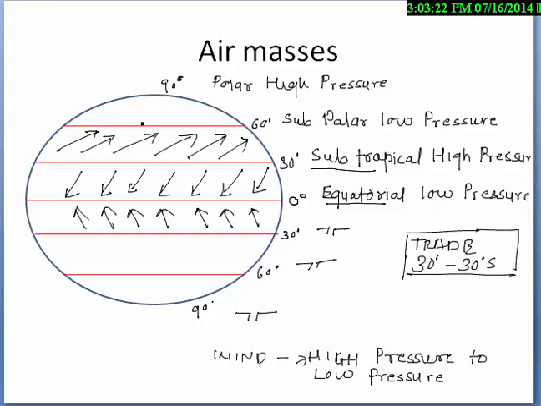So from 90 degree to 60 degree, they travel like this. The winds which travel between 60 and 30 degree are known as westerlies.